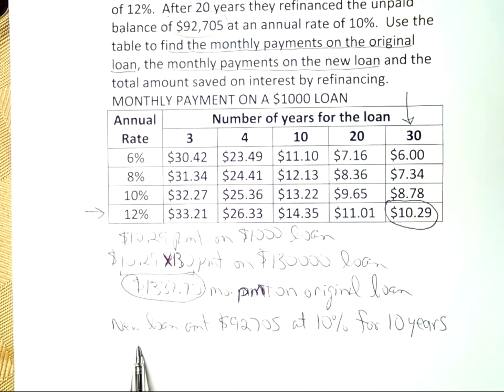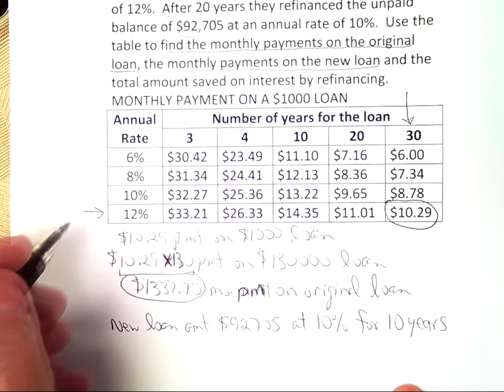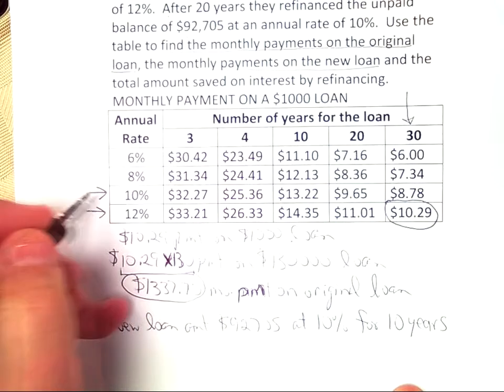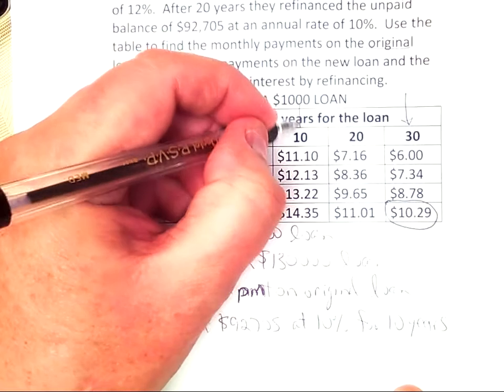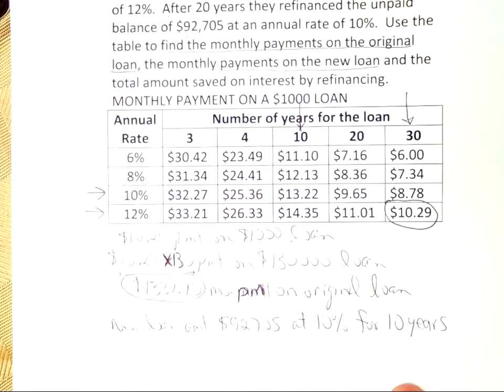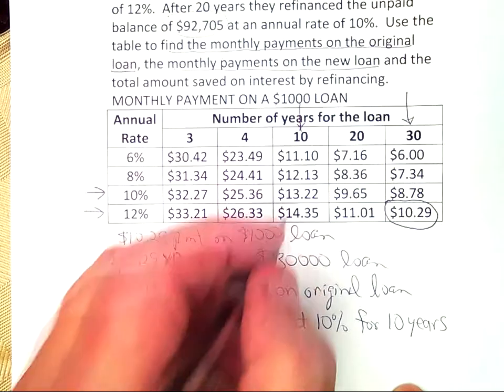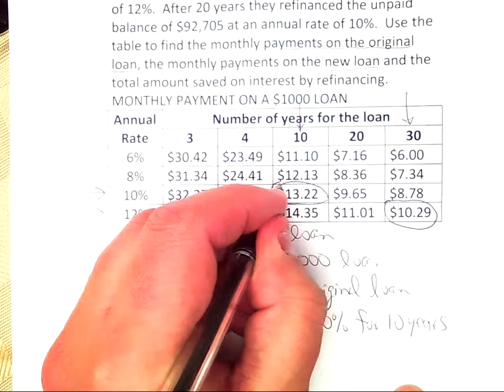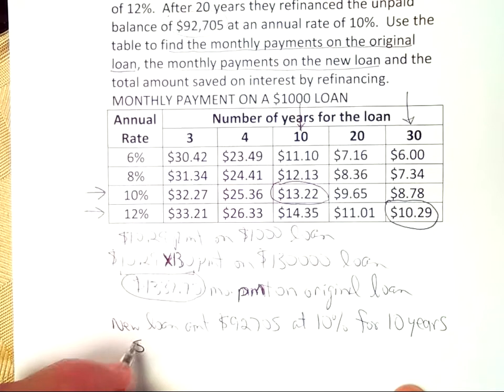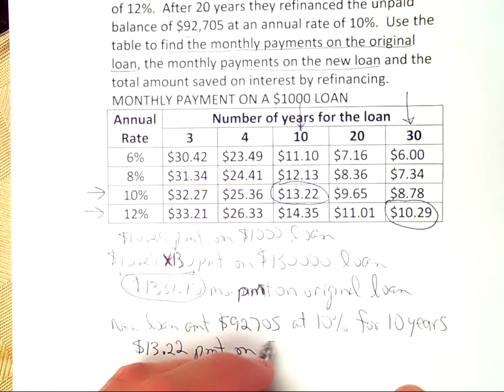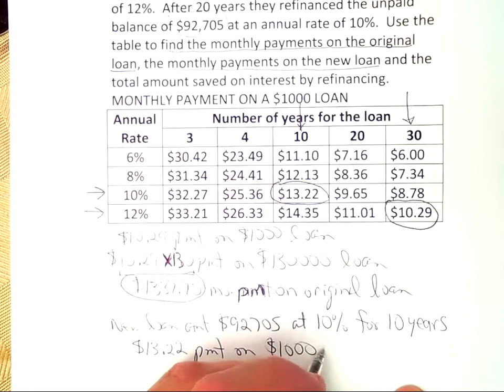So this is what we need to be doing now. Looking back at the chart, we're interested in a 10% rate now, and it's only a 10-year loan, so we're looking at the 10-year column. The number that we're interested in is the number at the intersection of those two things, which would be 13.22. So there's a $13.22 payment on a $1,000 loan.